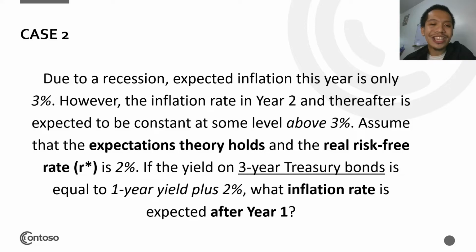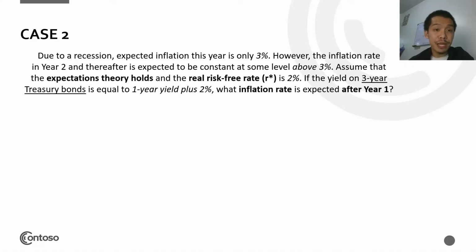If the yield on a 3-year treasury bond is equal to the 1-year yield plus 2%, what inflation rate is expected after year 1? So far, what's given is the inflation premium for 1 year. If the expected inflation this year is 3%, then that would be our inflation premium for the coming year.